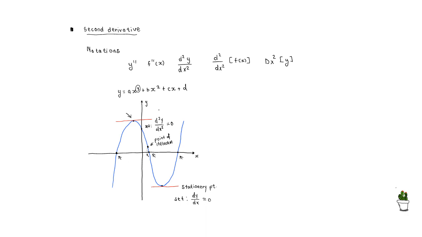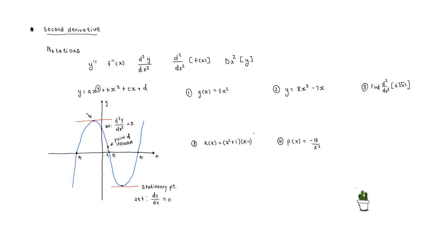To get to the first derivative, you take f prime of x. To get to the second derivative, you take the derivative of f prime.